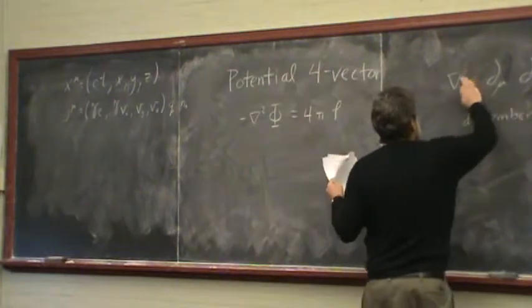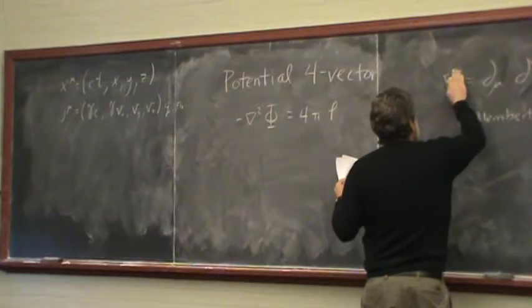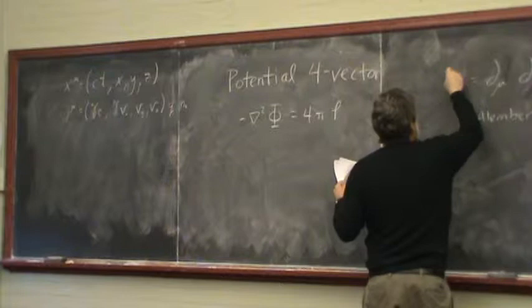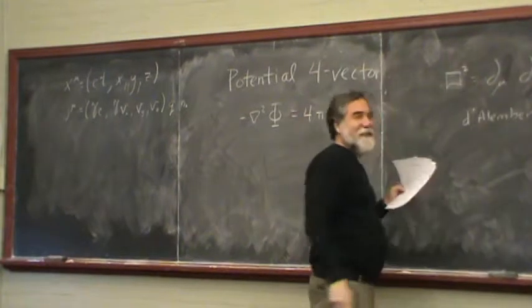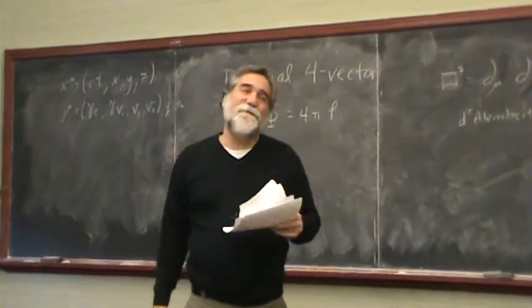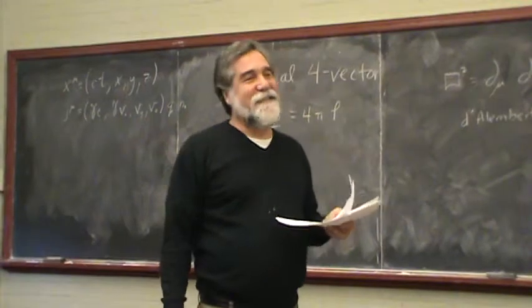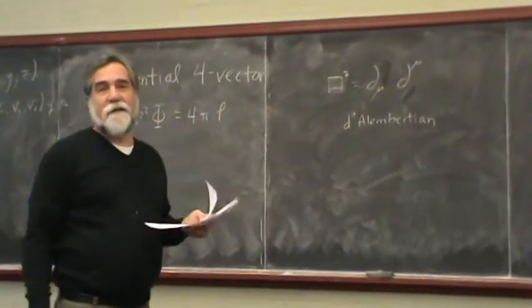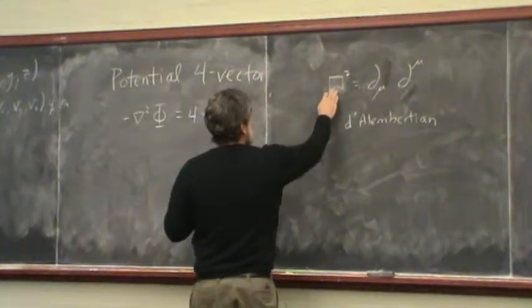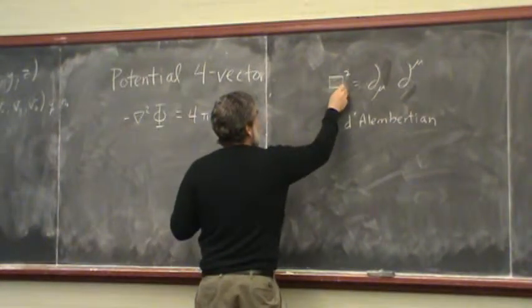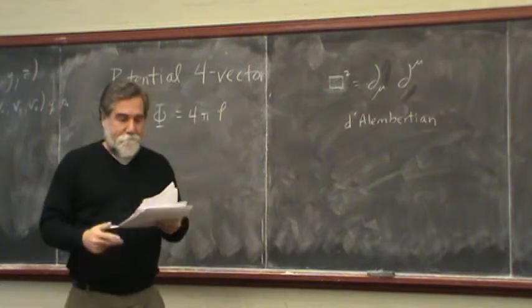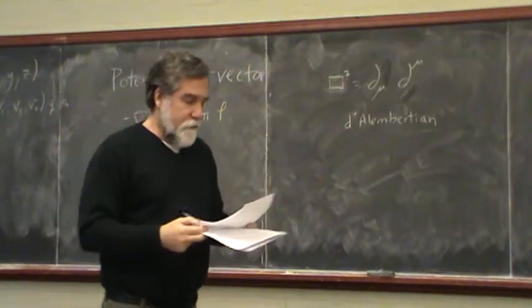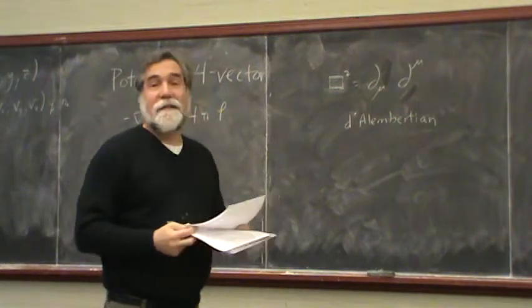Here's the problem: it's a 4-vector, not a 3-vector. Is the symbol actually a square? It's a square, that's actually the symbol.